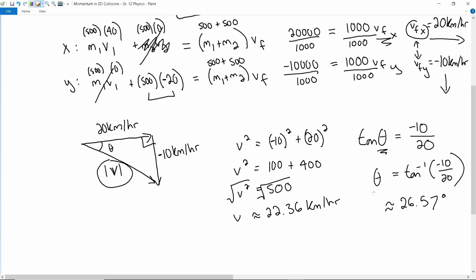But our value is technically negative, and the reason why it's negative is because it's referencing east 26.57 degrees south.